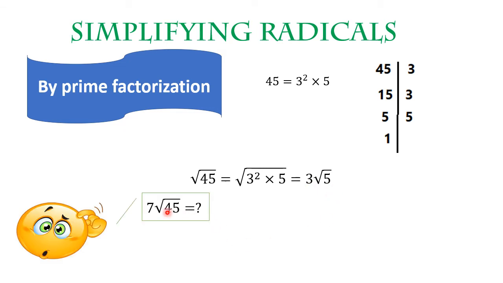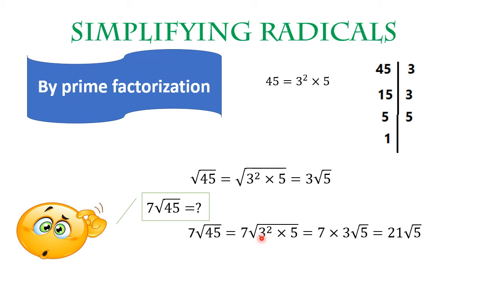How can I calculate 7 radical 45? Notice what happened here. We have a number outside the radical and a number inside the radical. But guess what? It's the same. The number outside the radical, I ignore it, and I do a prime factorization of 45. I keep the number outside and ignore it completely.